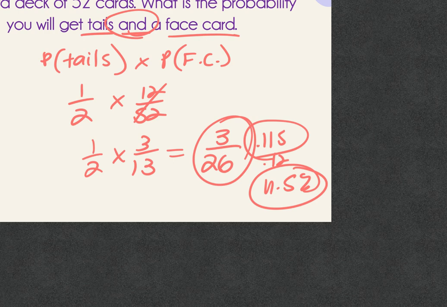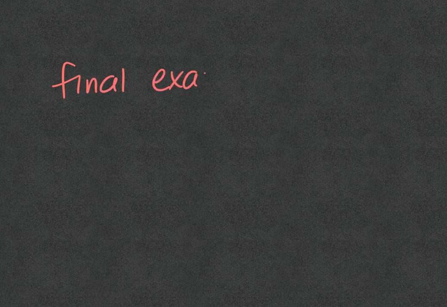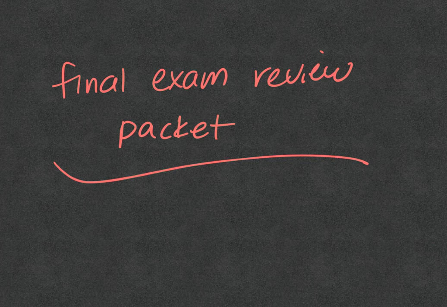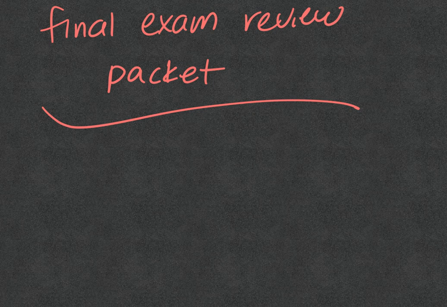So from here on out, you're working on your packet. It is one packet, the final exam review packet. It is long. Okay? I would do this piece by piece. So we have now covered all the topics that are on your test. First we started with similar triangles.